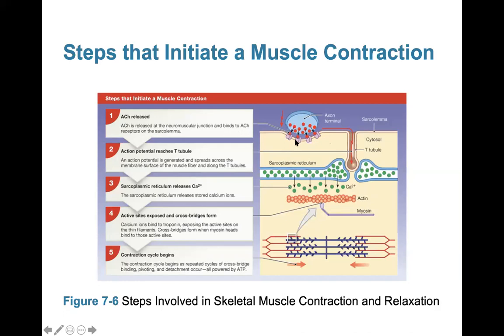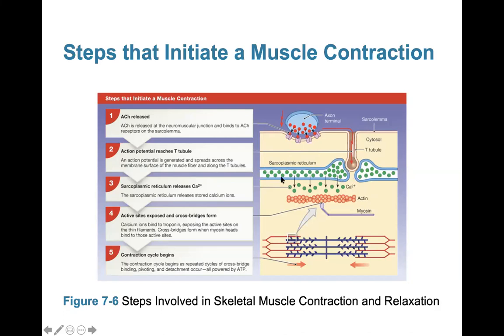This will cause an action potential to be generated. An action potential is an electric signal that transmits from the nerve now to the muscle. That action potential will then reach a T-tubule, which is an inversion of the sarcolemma deep into the muscle fiber. The action potential will travel down the T-tubule, and it will actually activate a sarcoplasmic reticulum.